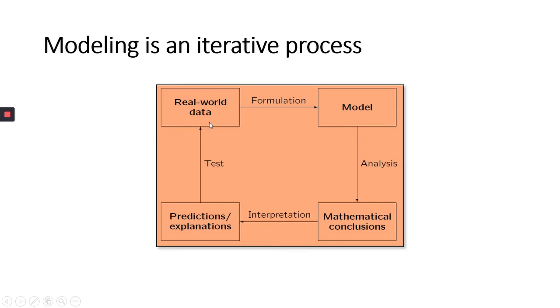You have your real world data, then you formulate a model or explanation, then you do some analysis, then you make mathematical conclusions, checking if they coincide with the real world and your model, and then you interpret by making predictions and explanations, then you test. If it still does not fit the real world data, then you reformulate or improve your model, and so on, right?